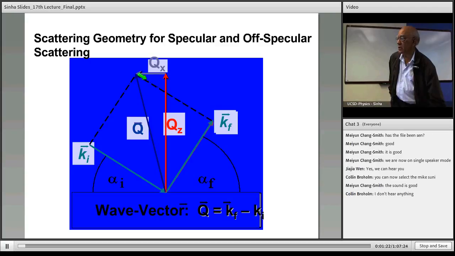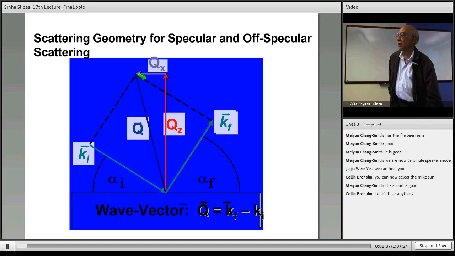So this is the physical surface, if you like. It's a kind of a hybrid picture. And these are the wave vectors of the incident and the outgoing beam in K space.